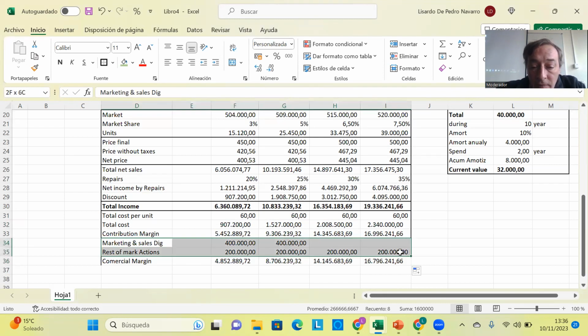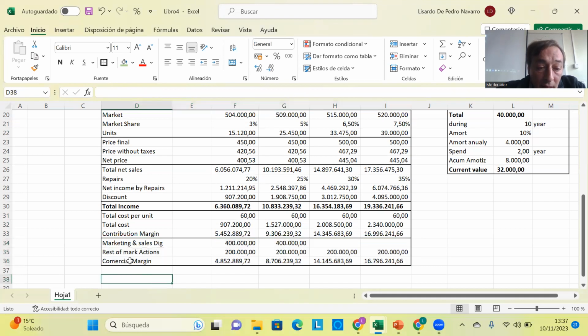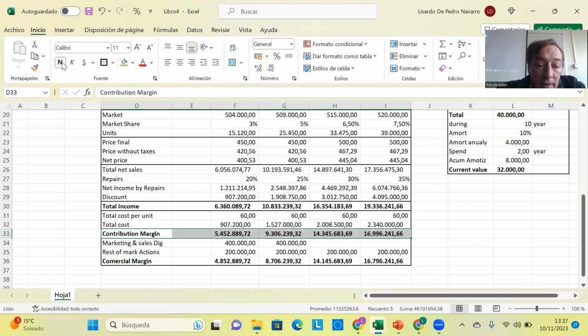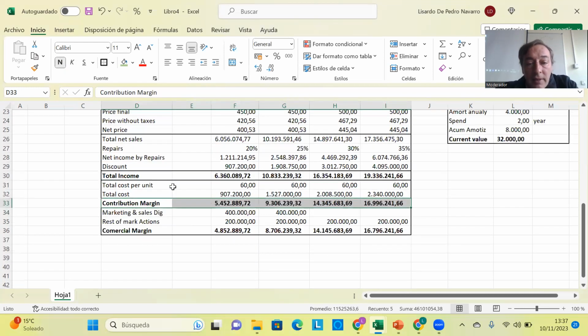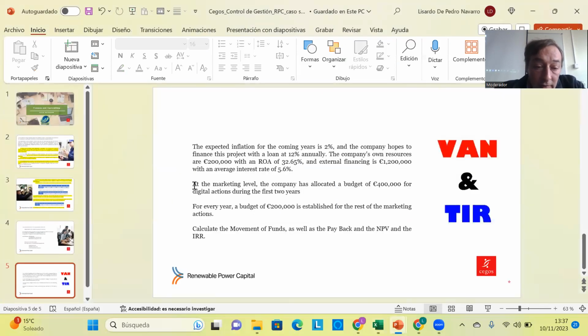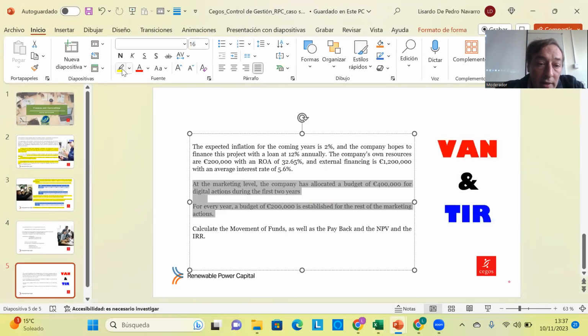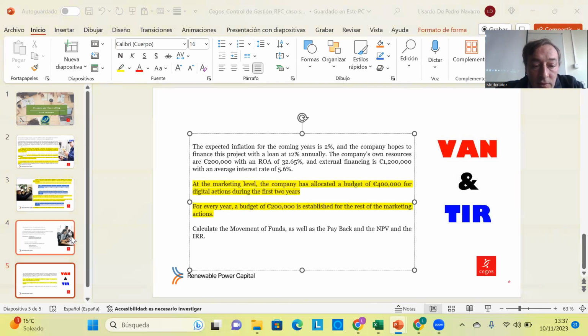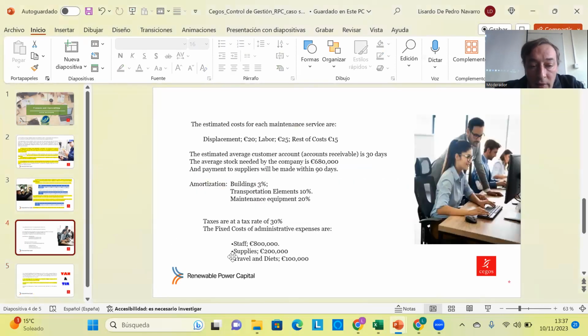We can put the square here, and we have the commercial margin and the contribution margin. Great. We have used this one, so we can mark it in order to know that it has been used.